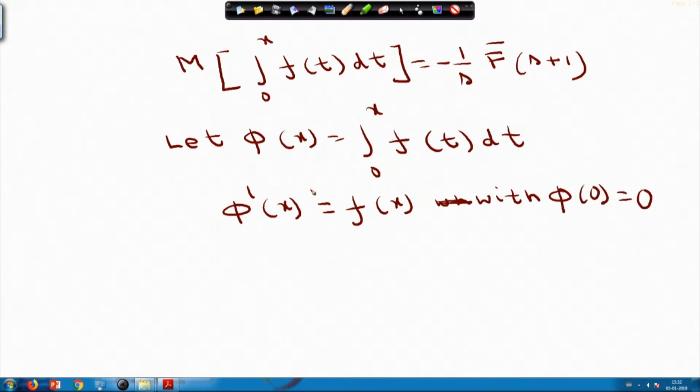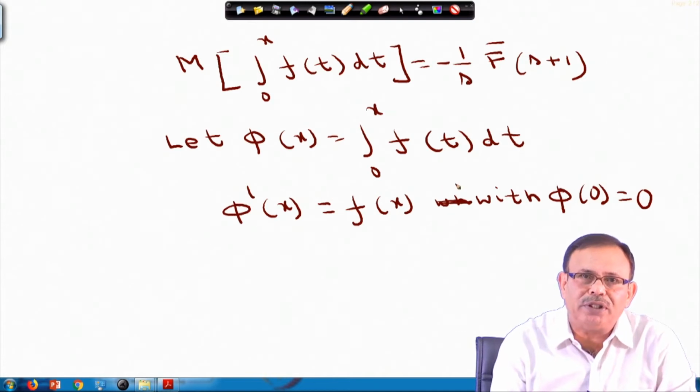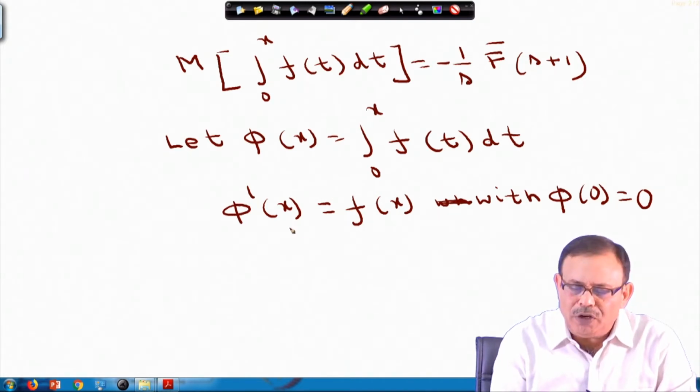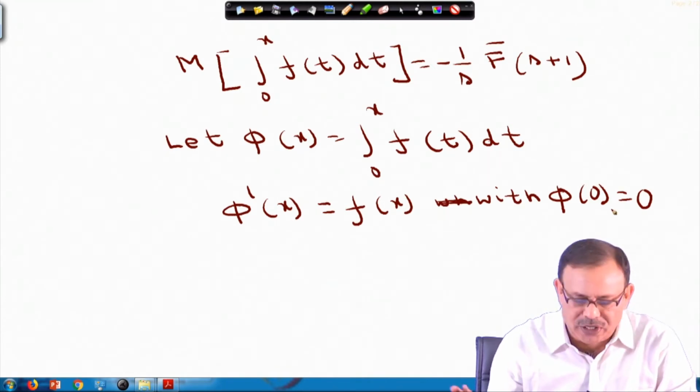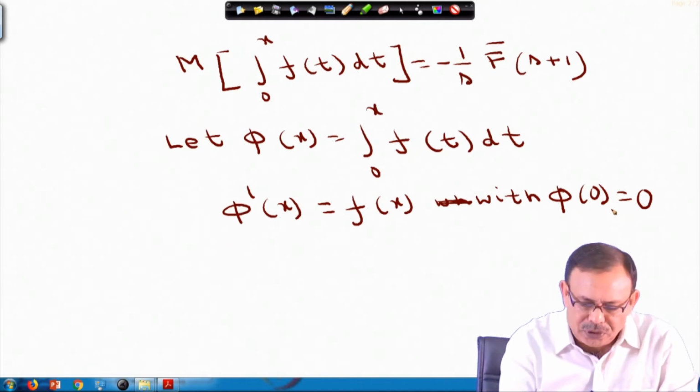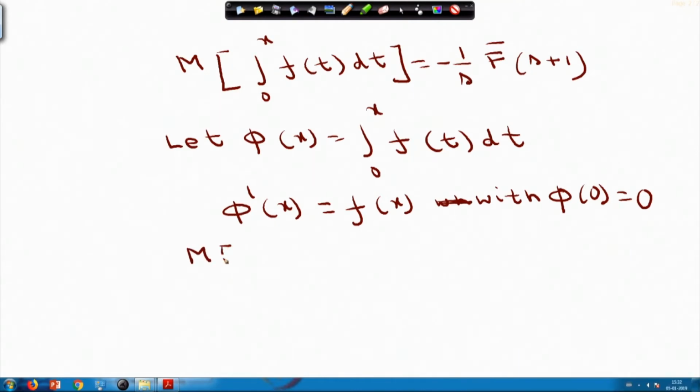So, we are assuming phi(x) equals the integral from 0 to x of f(t) dt, where if I take the differentiation with respect to x, then phi dash x will be equal to f(x), where phi(0) is equal to 0. Now you can write the Mellin transform of f(x), which is nothing but phi dash x.